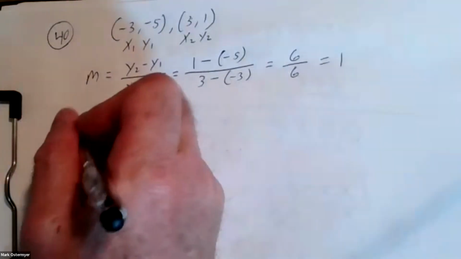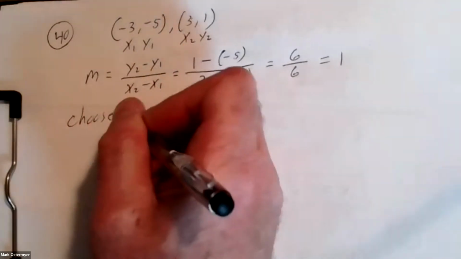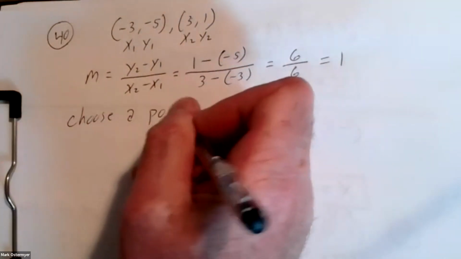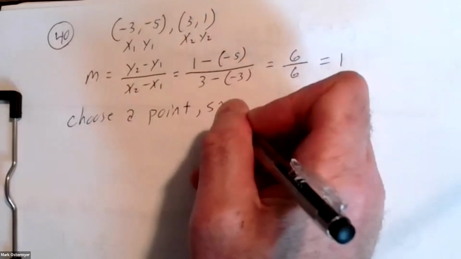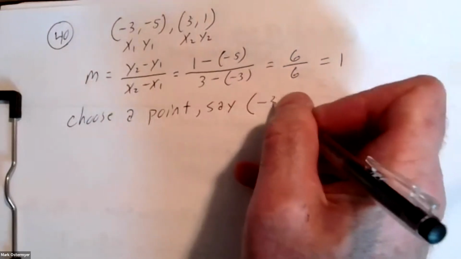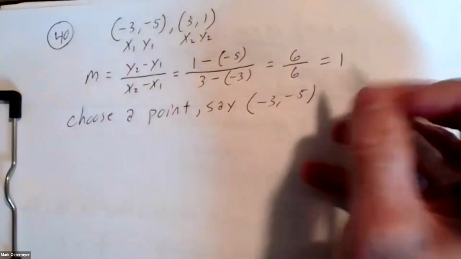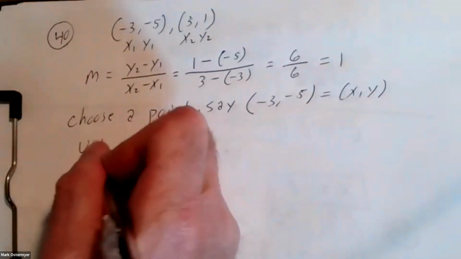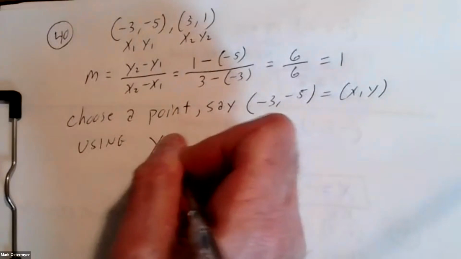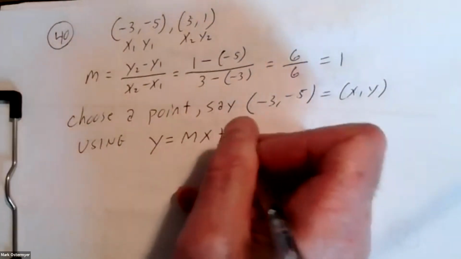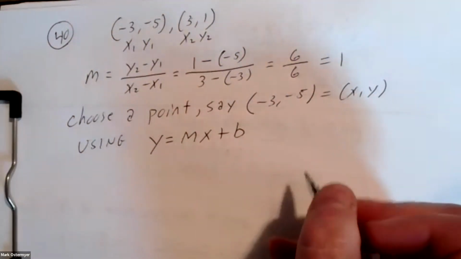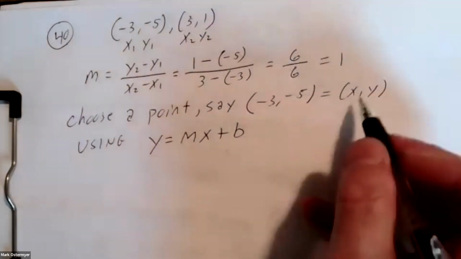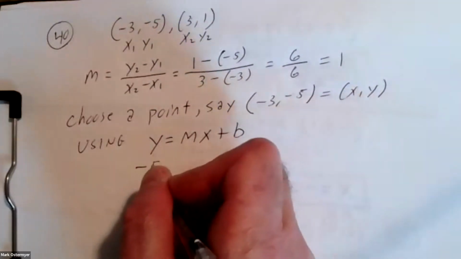Interesting. Now, what I'm going to do is I'm going to choose a point. It does not matter what point you choose. I'm going to go with -3, -5. I will generically call that my point xy. And now I'm going to use my slope-intercept form to write the equation of this line. All right, so what drops in for the y variable? y is -5.